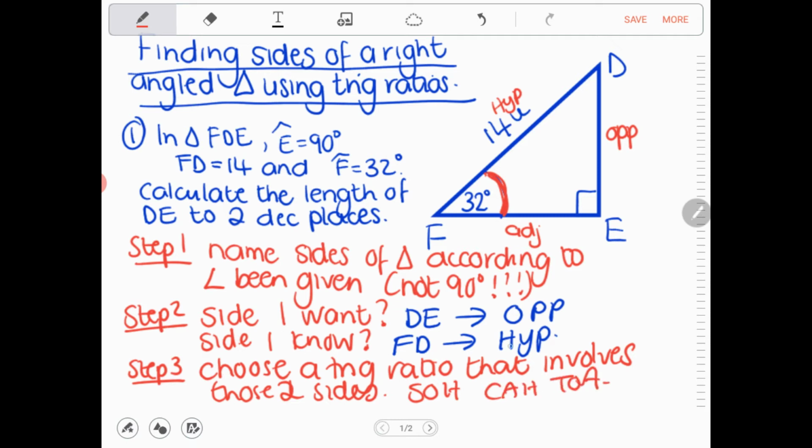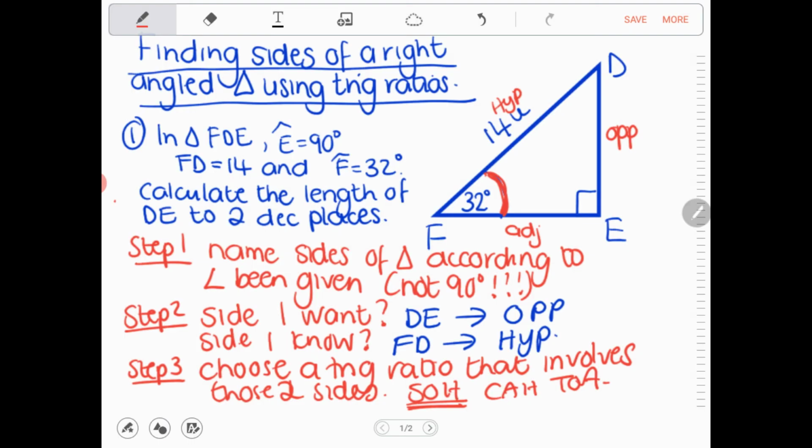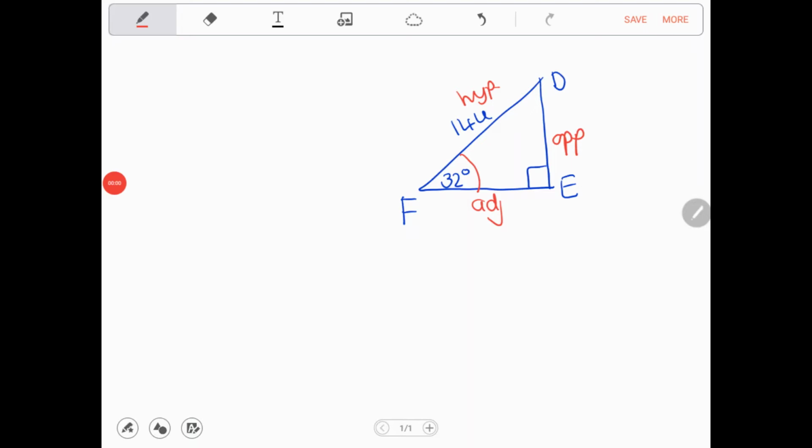So we need O and H, so obviously I'm going to be using sine. Okay, so we've decided we're using sine because it involves opposite and hypotenuse.